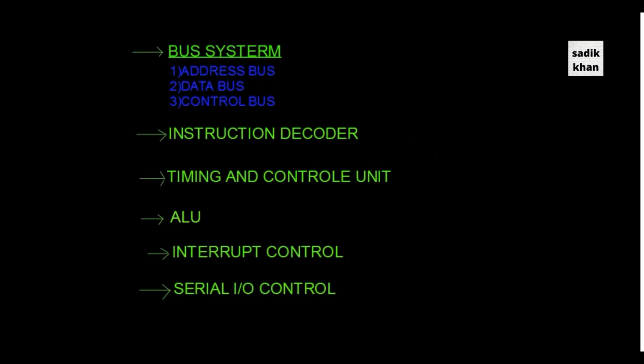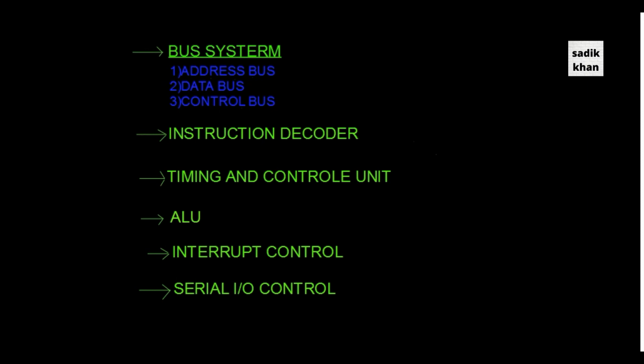After that, the bus system. Bus means what? Just connecting wires. It is very important, because whenever you want to transfer data from one point to another, it is required. Without connecting wires, how can we transfer data? Here buses can be divided into three types.